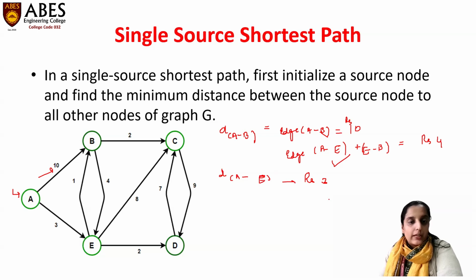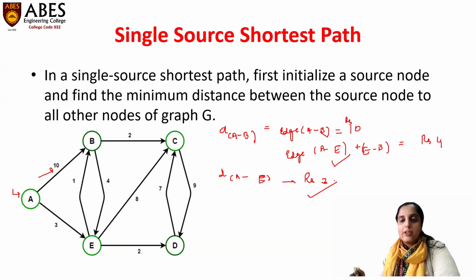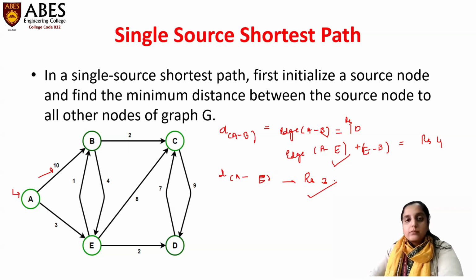If I go from 10 to 4, no. This is the minimum that I can have on this particular loop. So this is my shortest path. Likewise, in the single source shortest path problem, we're going to take one source vertex and calculate the shortest distance from that source node to every other node.